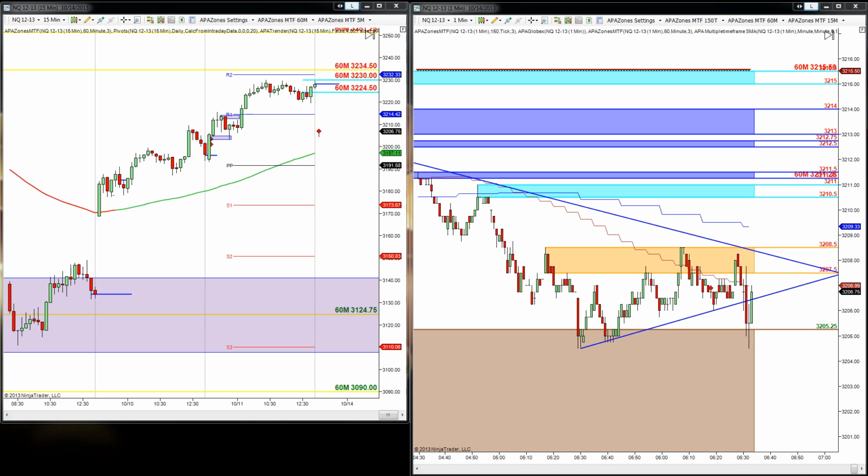Okay, so we just had a doji there. So we're definitely getting just kind of an interesting thing going on here.